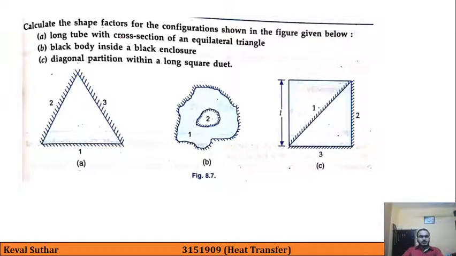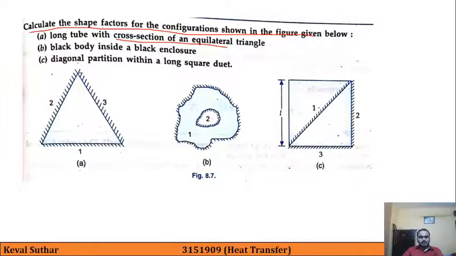Here our first numerical is to calculate the shape factor for the configurations shown in the figure below. First we will be discussing a long tube with cross section of equilateral triangle.